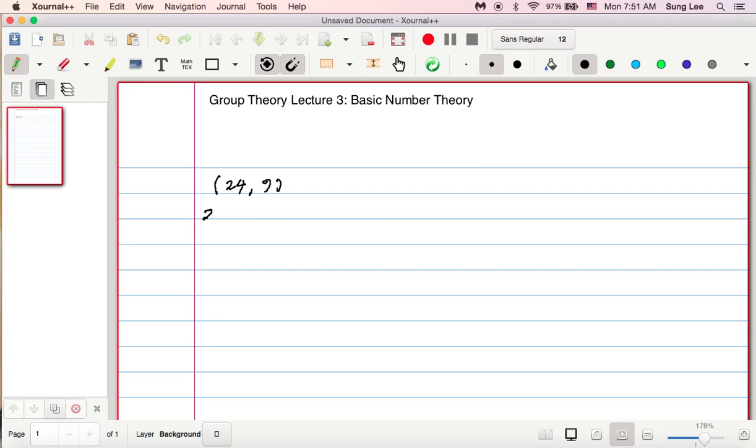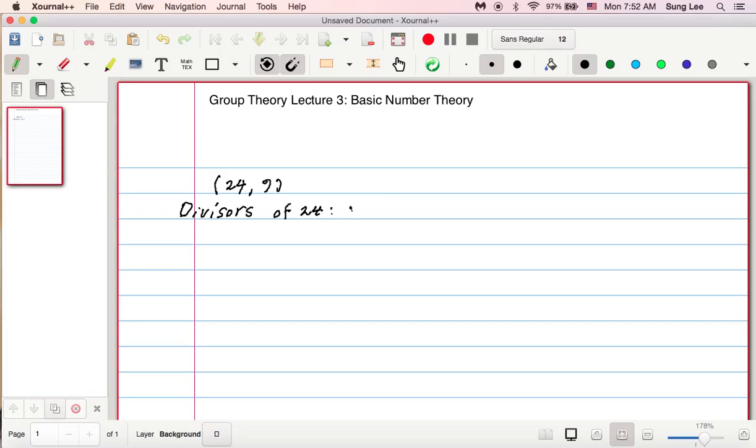So how do we find the GCD? The crude way: we find the greatest common divisor of 24 and 9. First you write out the divisors of 24.